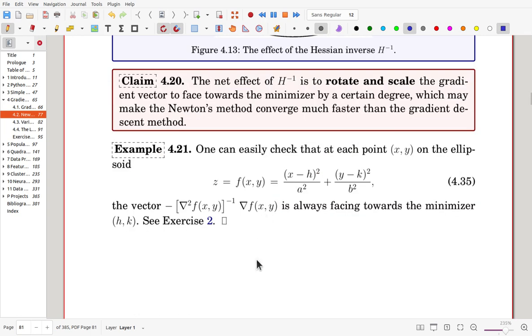Well, let's see this example. Here this is an ellipsoid, and the minimum point is at (h, k).